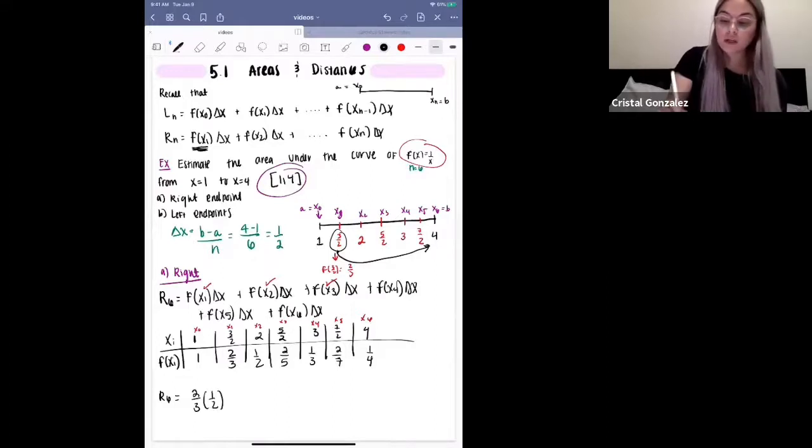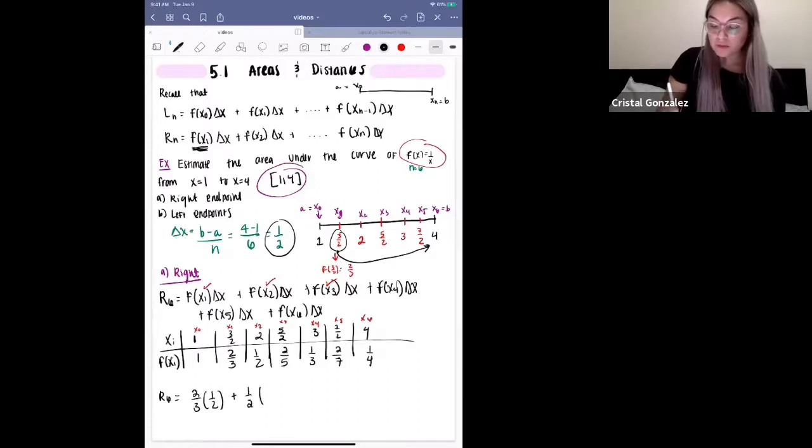We found it up here, it is 1/2. Plus 1 over 2 times 1/2, plus 2 over 5 times 1/2, plus 1 over 3 times 1/2, plus 2 over 7 times 1/2. And then the very last one is going to be 1 over 4 times 1/2.